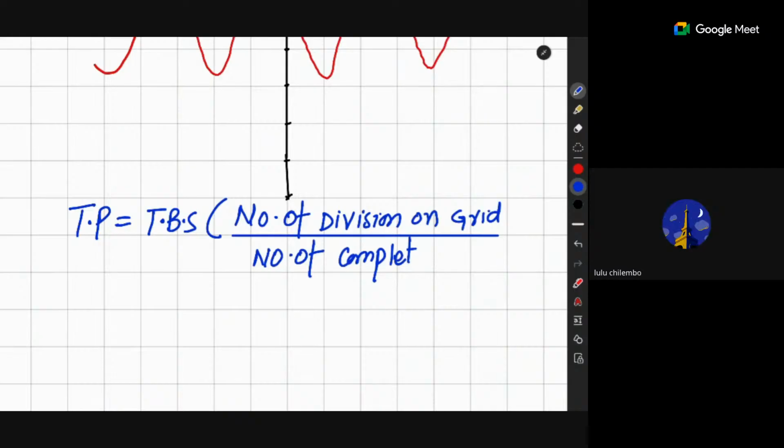So these types of questions are basically asked here. Then number of complete waves can be written here. Please remember this, this is the masterpiece of formulas. It will help you to calculate everything you need. Everything.